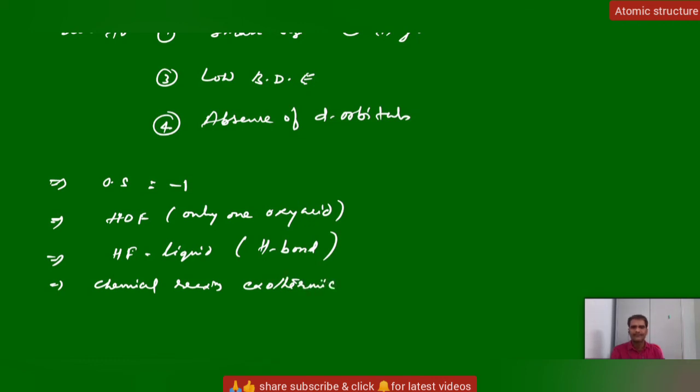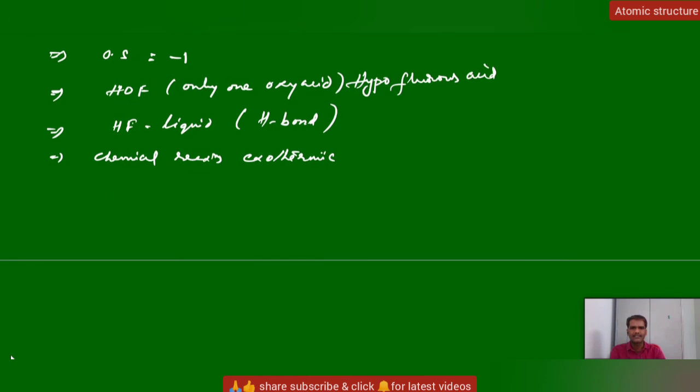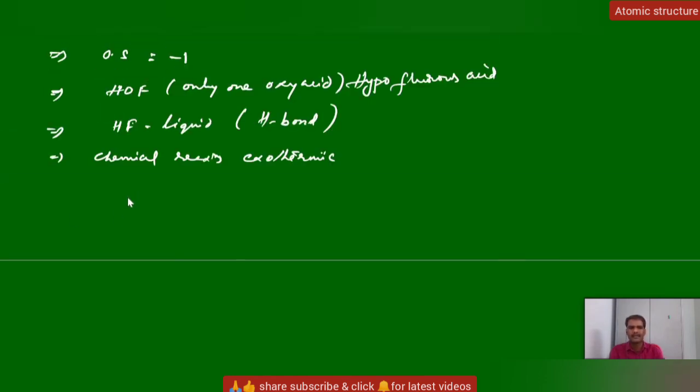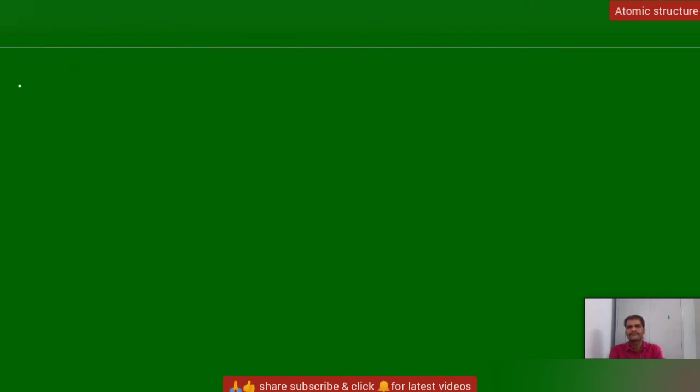Now we'll see oxidation state, chemical reactivity, chemical reactions. You can say chemical properties of halogens. In that, first we'll go with oxidation state.